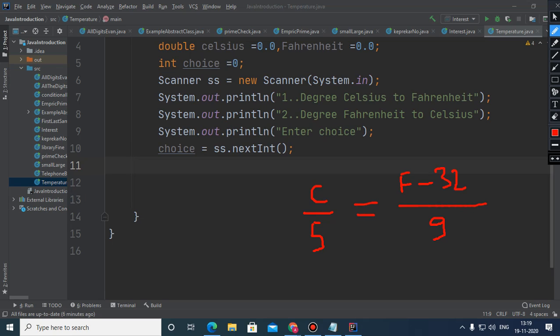Then in that case, the degree Celsius will come down. Got it?